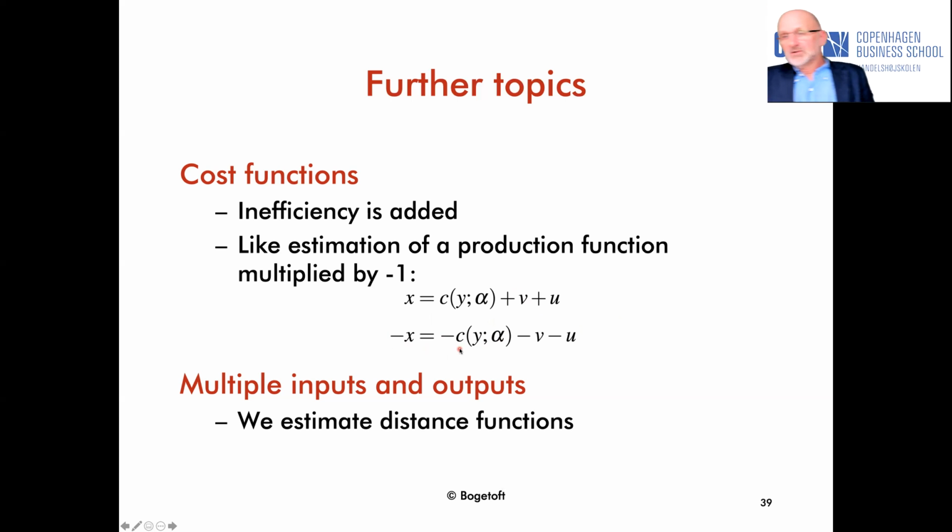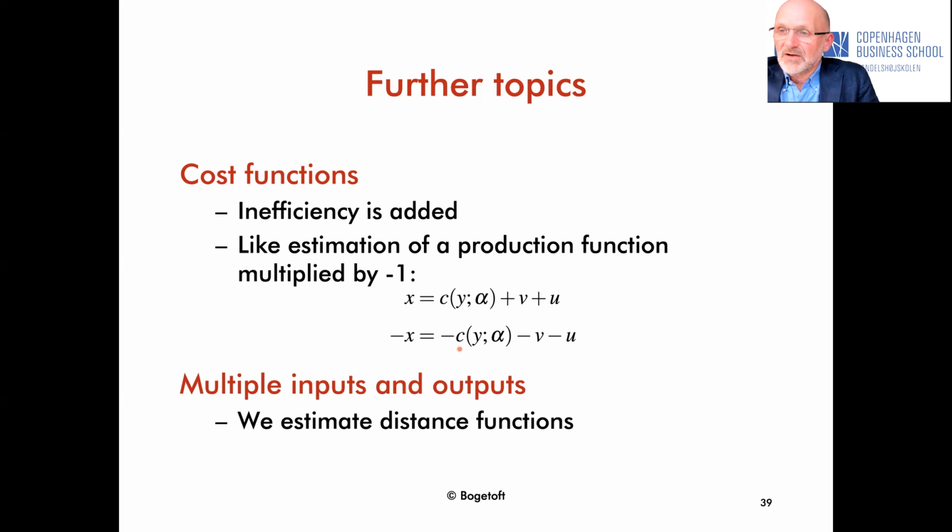So if you want to do it with a normal SFA routine that can estimate production functions, then you can also estimate cost functions by just taking minus the input and putting it into the procedure as an output, and minus the outputs and putting them as inputs in the model.